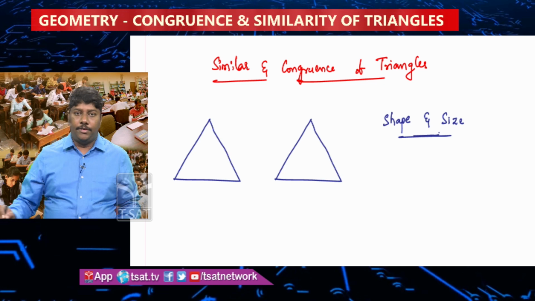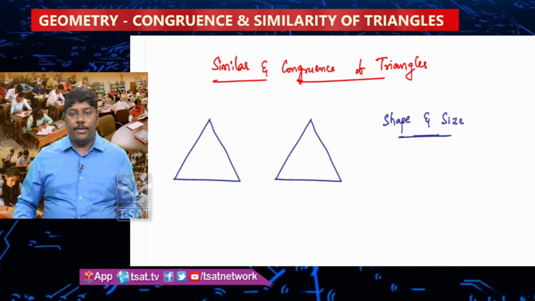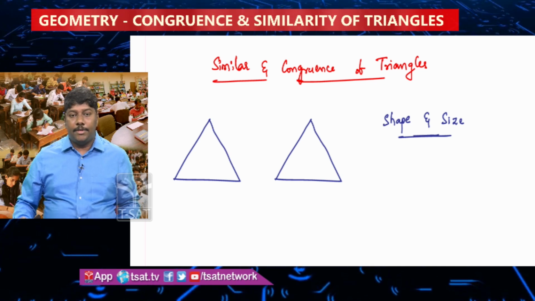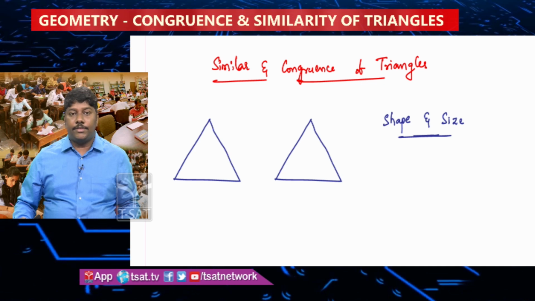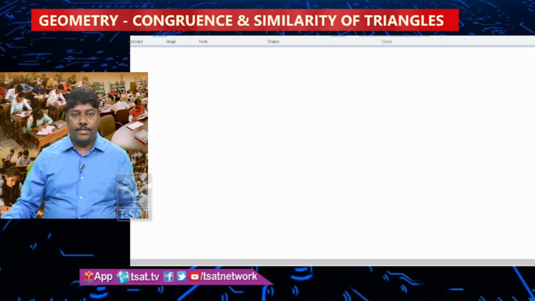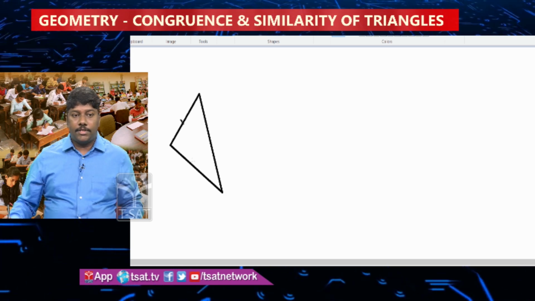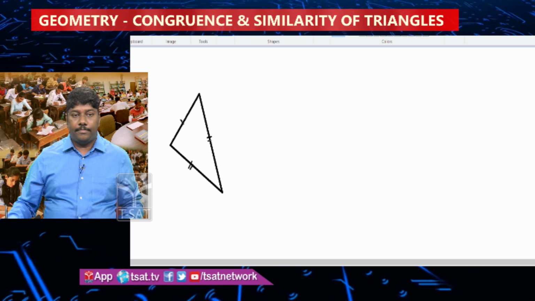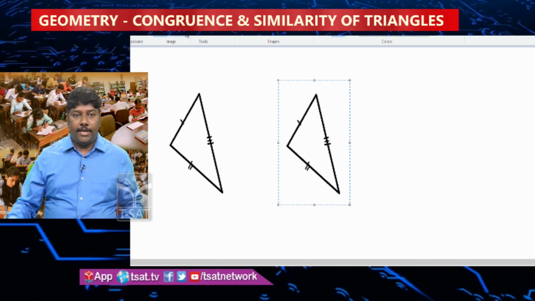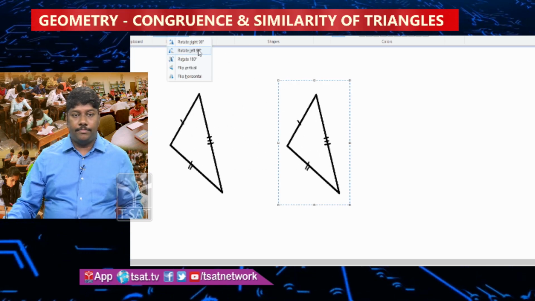It can be any figure, not only triangles. If you take any two figures and they are equal in shape and size, then you say that they are congruent. Just take a triangle, side 1, side 2, side 3. I'm just tilting or rotating this triangle.